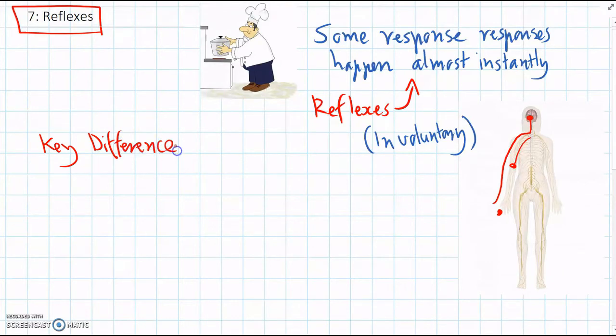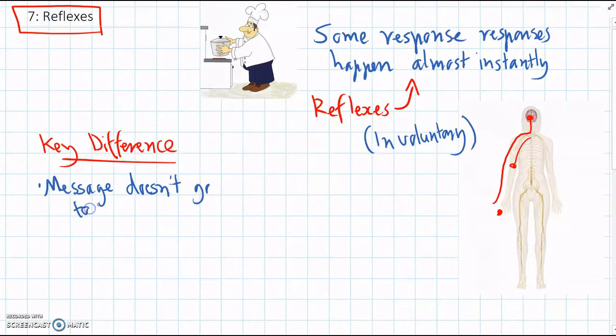So the key difference with reflexes is the message doesn't go to the brain for processing. The processing happens in the spinal cord.